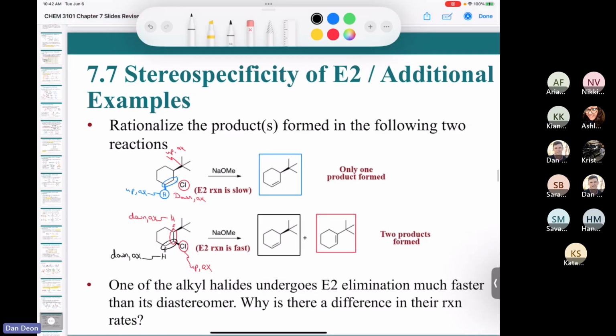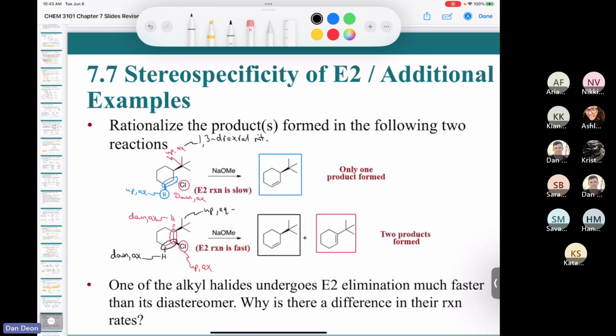Now, the whole thing about fast versus slow here: one E2 reaction is fast and one E2 reaction is slow. The reason why this one is going to be slow is because if you have this leaving group in an axial position, then the tert-butyl group is going to be in an axial position, and this is going to result in 1,3 diaxial interactions, whereas here the tert-butyl group is going to be up and equatorial, and so you're not going to have 1,3 diaxial interactions.